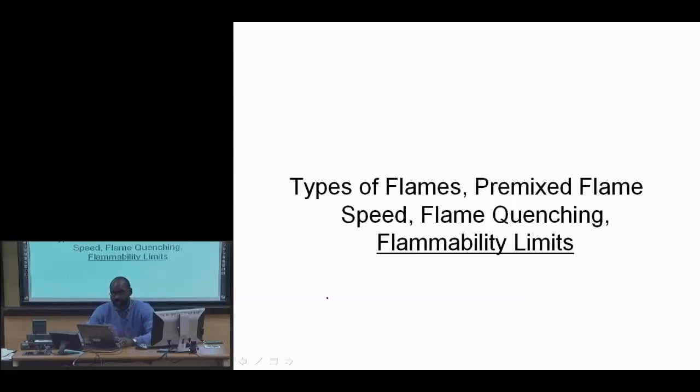As I mentioned earlier, all the fires that we're going to concern ourselves with will begin as premixed flames. So what is a premixed flame? That's where we're going to go next.